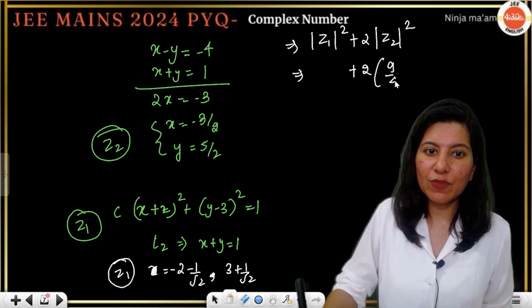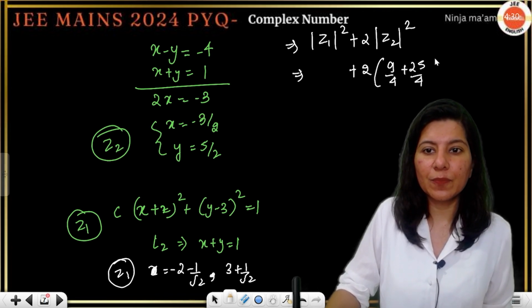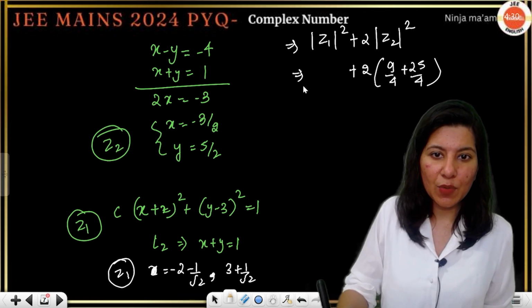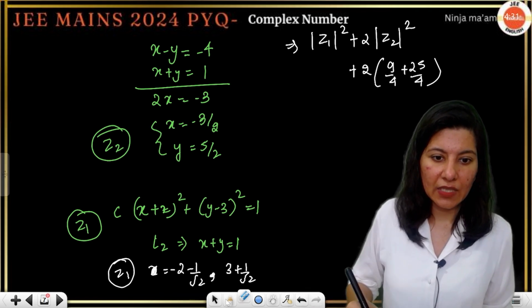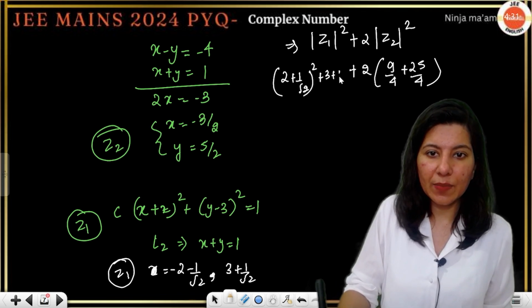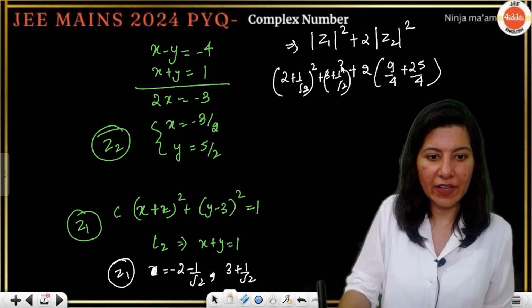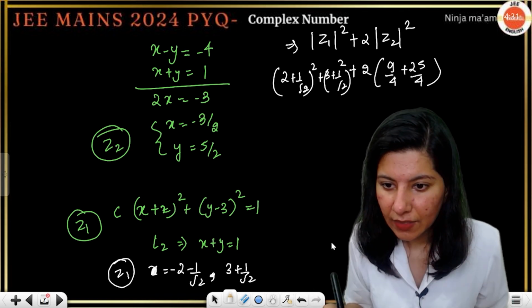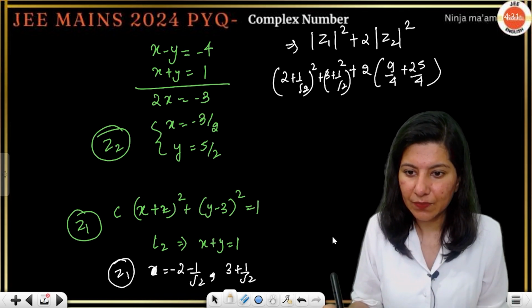This is 9 by 4 plus 25 by 4. Mod Z1 square will be what? So this is 2 plus 1 by root 2 whole square plus 3 plus 1 by root 2 whole square. Clear?